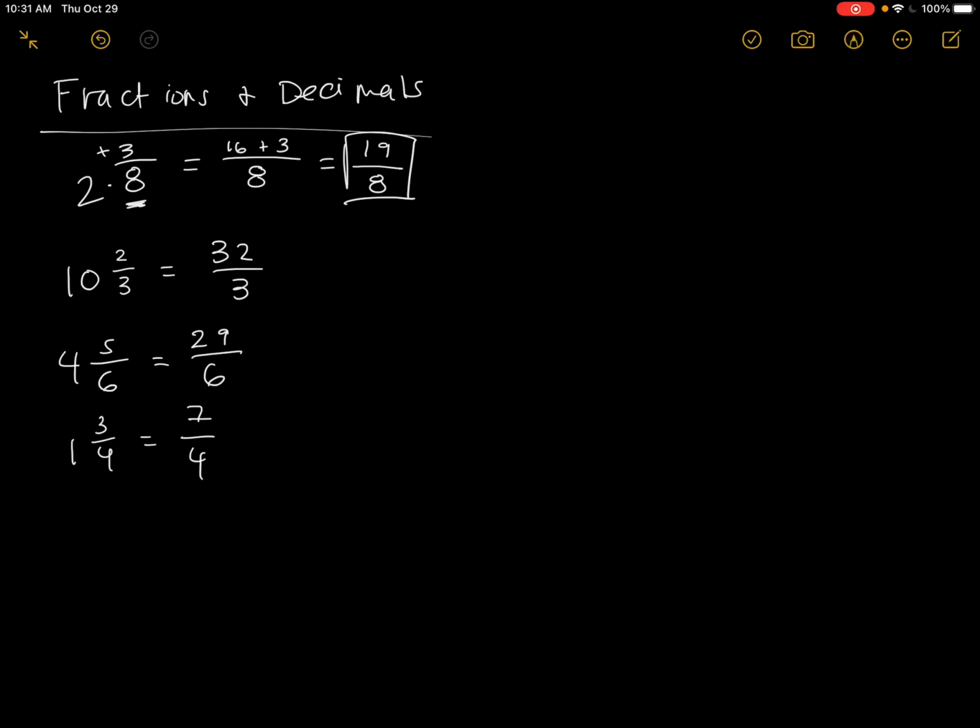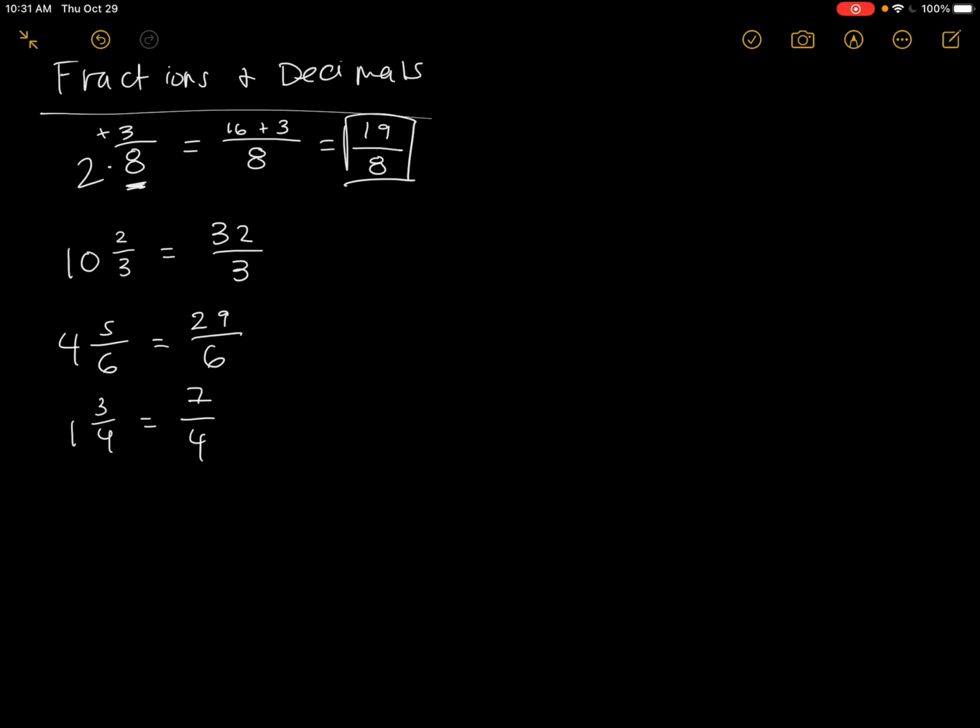Okay, and now what we're going to do, so this might be new, is graph them on a number line. We're going to graph different ones though. So let's just graph this last one. When you're doing fractions on a number line, it's really a good idea to first have your main numbers.